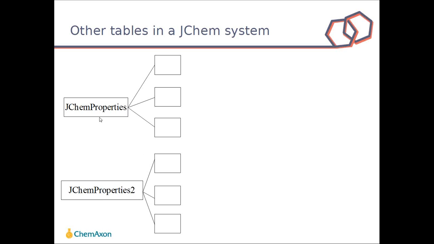This JChem property table will store options about each of the tables. Once you connect with a given JChem property setting, you can access the tables that belong to that given JChem property table. Once you connect with the other settings, you can manipulate the other tables.